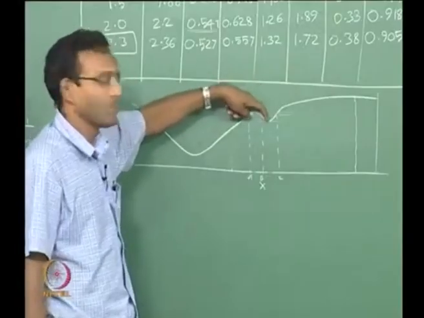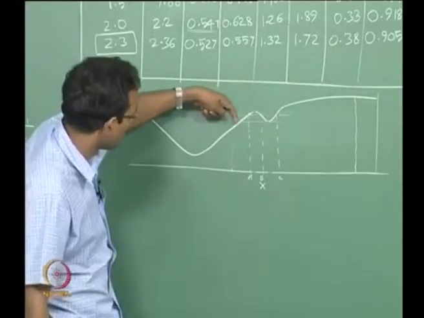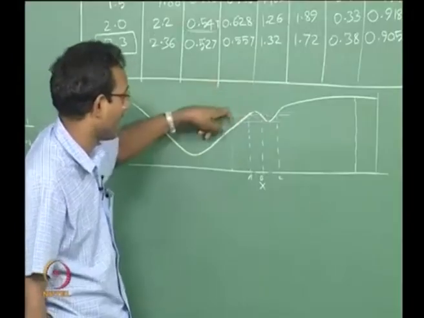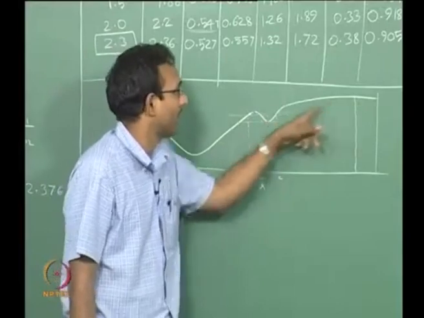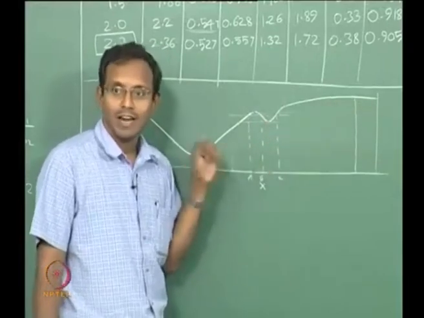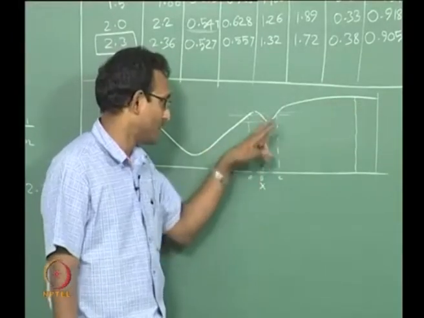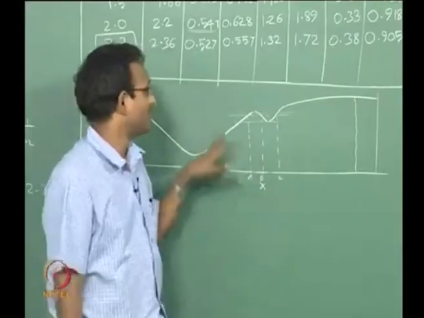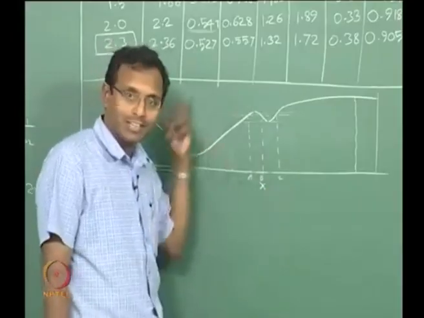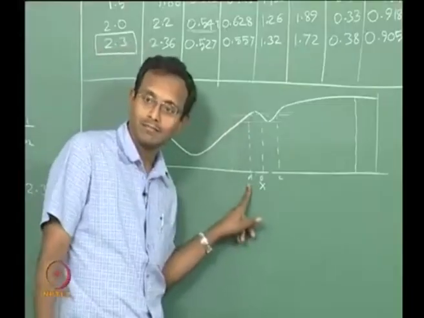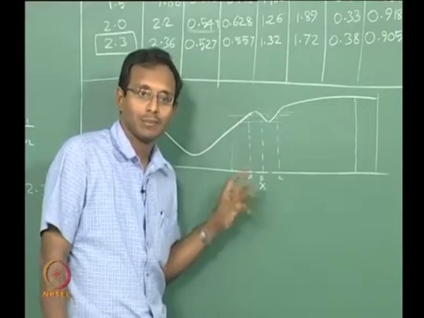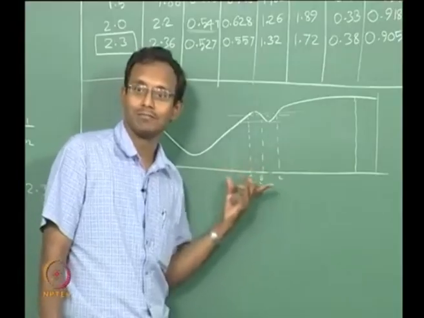If I decrease my P naught, then it will jump to this solution somewhere here, it will not reach A. If my shock is anywhere in the second divergent portion and I reach that particular P naught, it is going to reach C. If it is in the first divergent portion and I reach that particular P naught for that area, then it will sit in A. Okay. So, it is related to history of the shock.